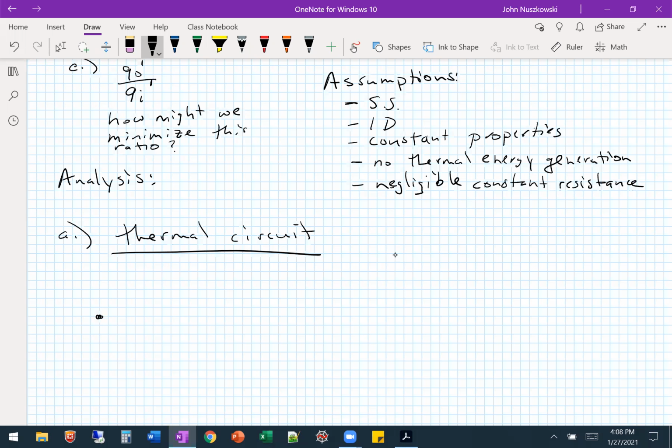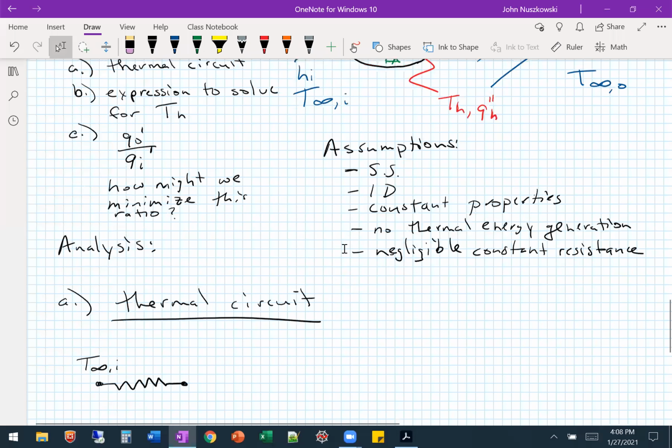So we have T infinity inner. And then we have the conduction through material B.